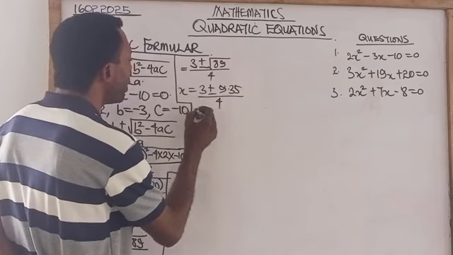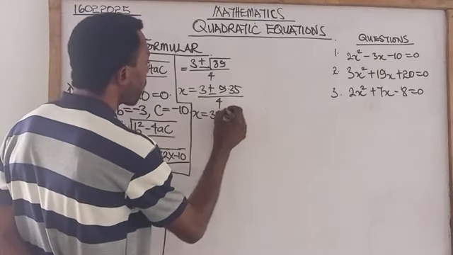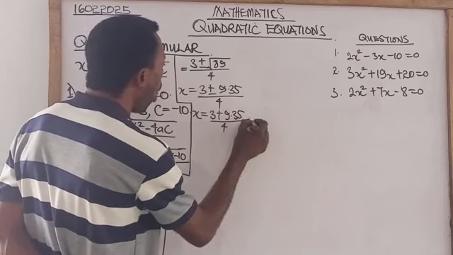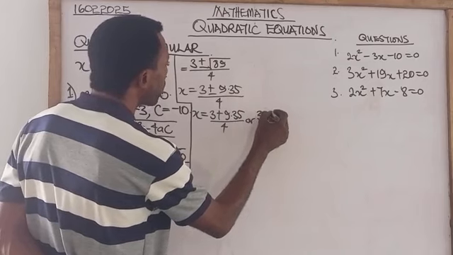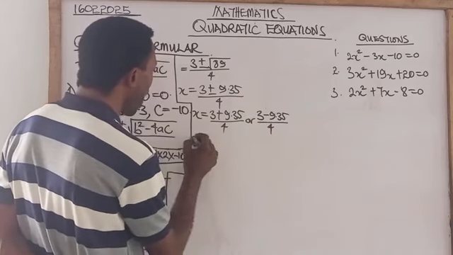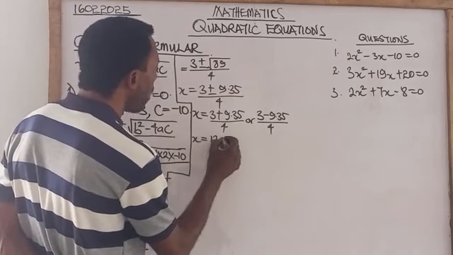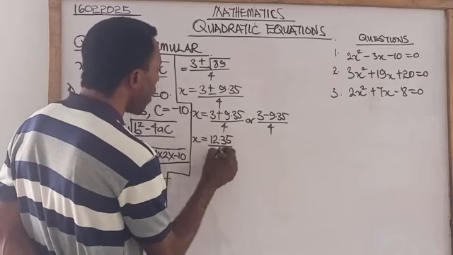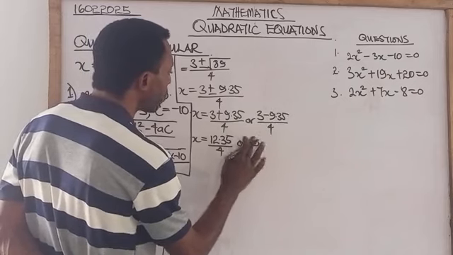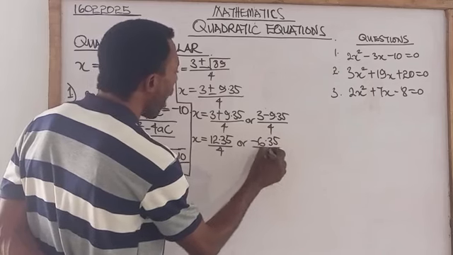Then x is equal to 3 plus 9.35 over 4, or 3 minus 9.35 over 4. This one will give us 12.35 over 4, or when you take 9.35 away from 3, that will give us minus 6.35 over 4.